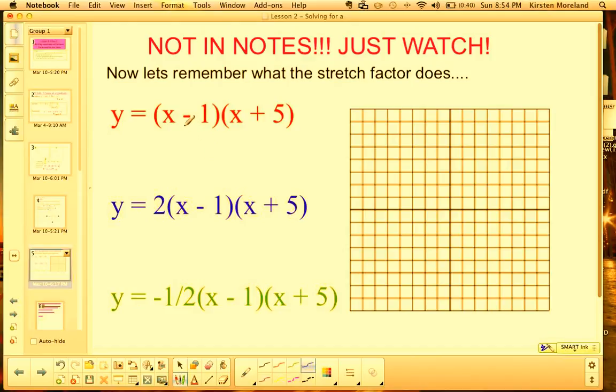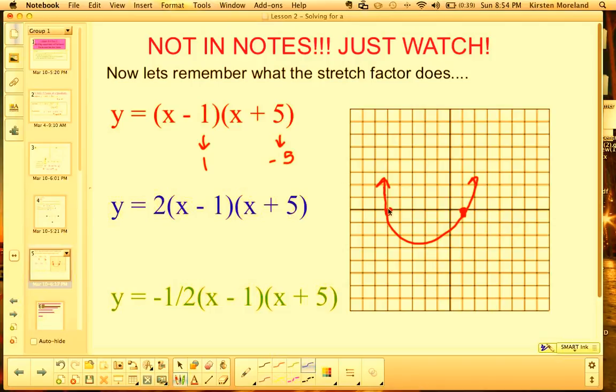Now we need to remember what stretch factor does. So all of these graphs have zeros at, remember it's the opposite, so +1 and -5. So I'm going to go to +1 and -5. And this one's going to be just normal. Mine's not going to be perfect. It'd be a lot lower than that, but let's just pretend my U's were nice.